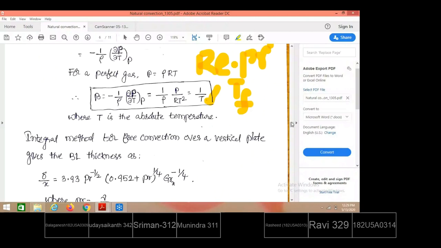What is T film? T film is Ts plus T infinity divided by 2, and it must be taken in kelvins, not in degrees centigrade.